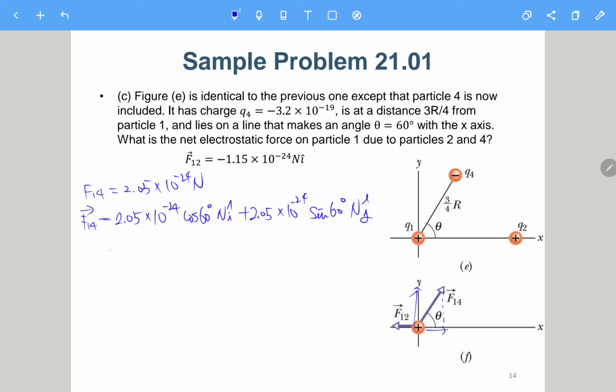So this is nothing but 1.025 times 10 to the minus 24 Newton I plus 1.78 times 10 to the minus 24 Newton J.